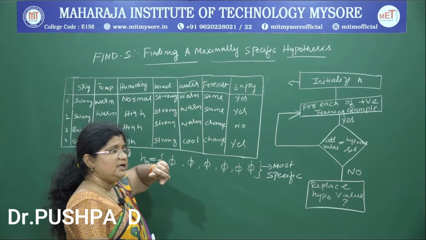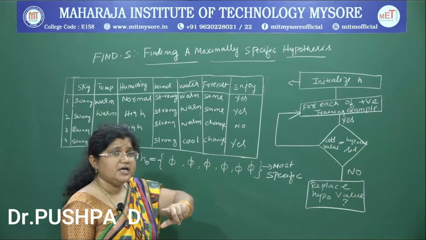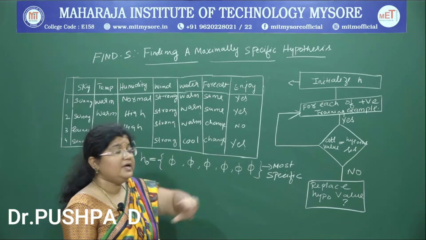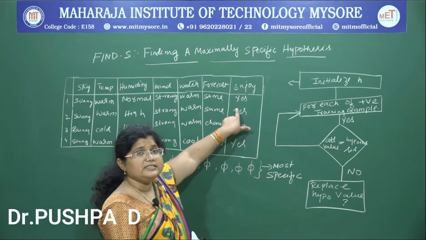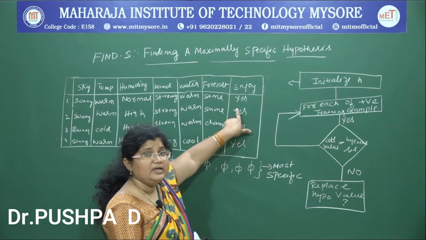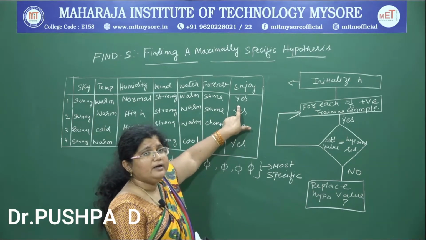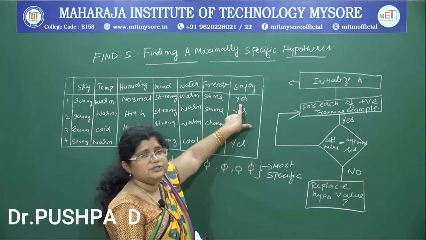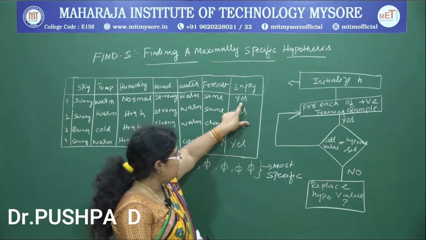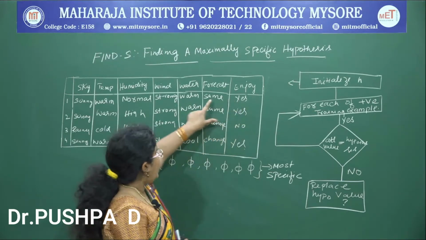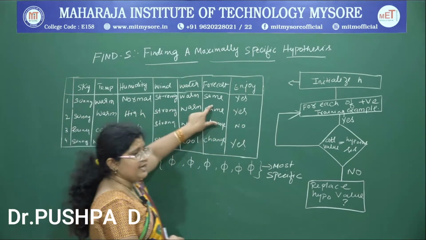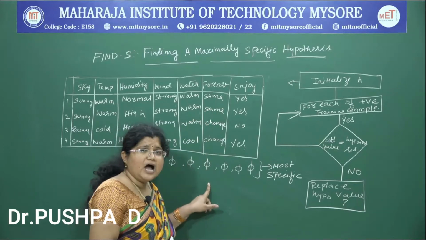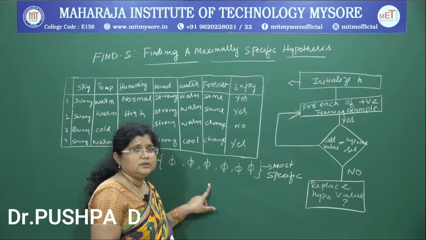The first step of the Find-S algorithm checks whether the target concept of a training example is positive or negative. Yes, it is. Yes indicates a positive training example. Now the attributes of this positive training example are compared with the hypothesis.